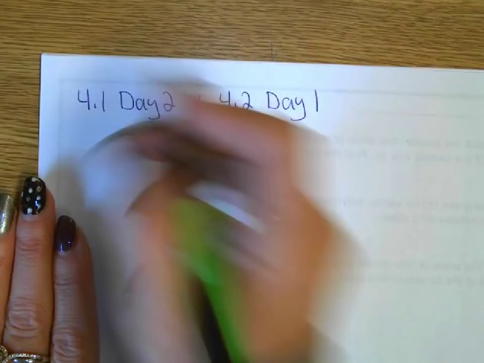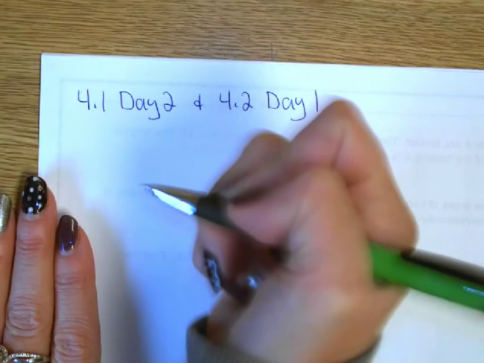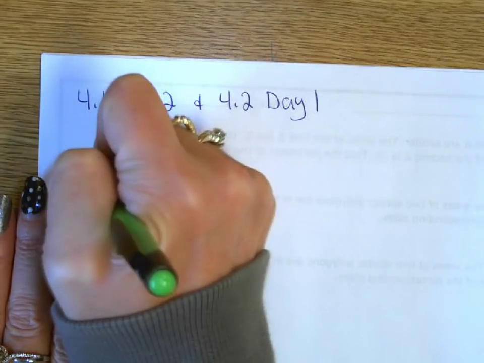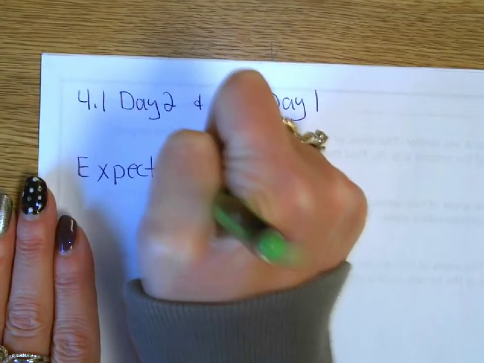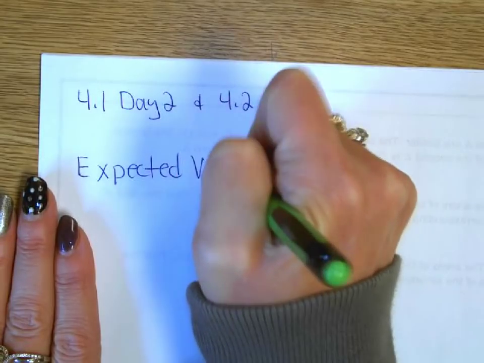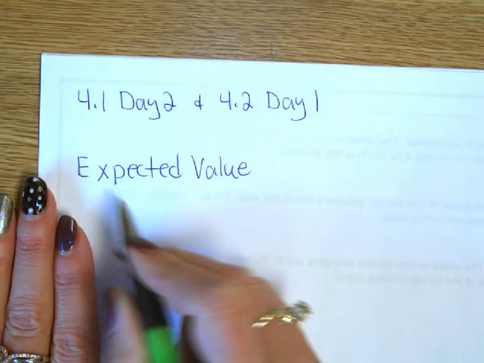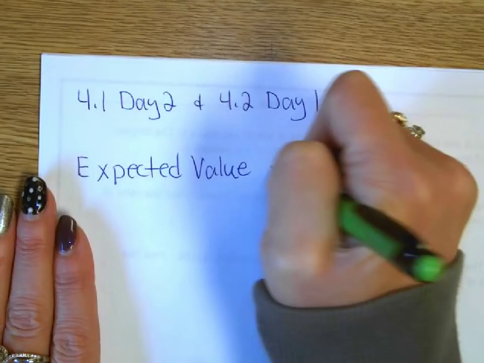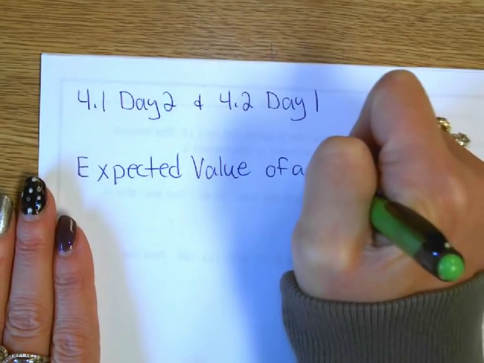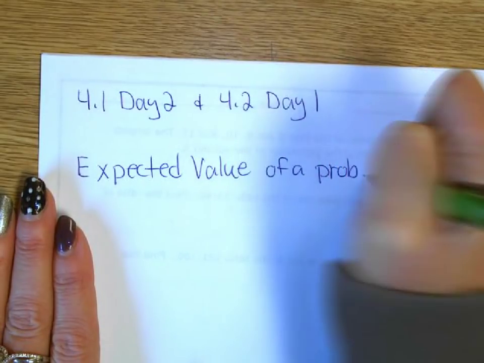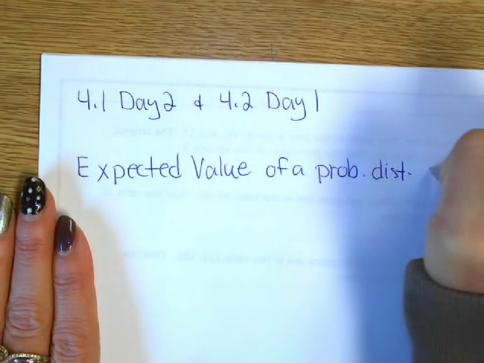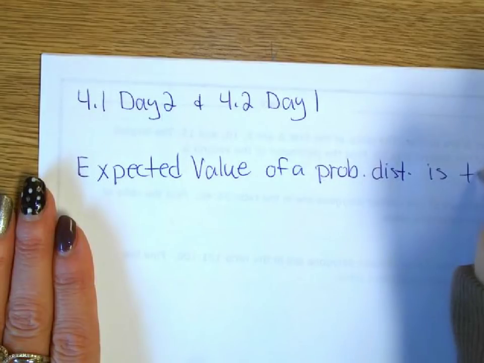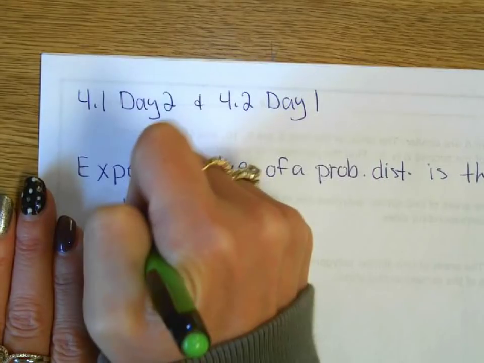So finishing up 4-1. You're going to have problems that ask you to find the expected value. So just vocabulary, expected value of a probability distribution. All that is, it's the mean of the distribution.